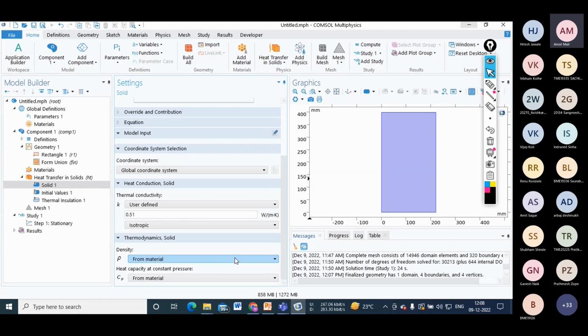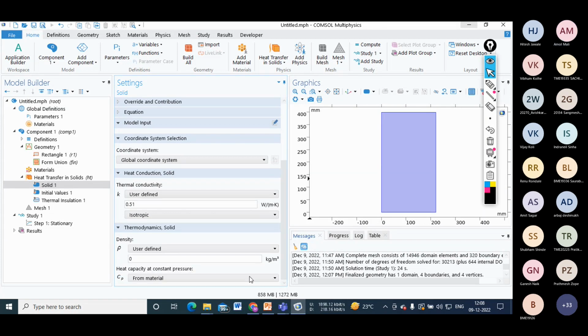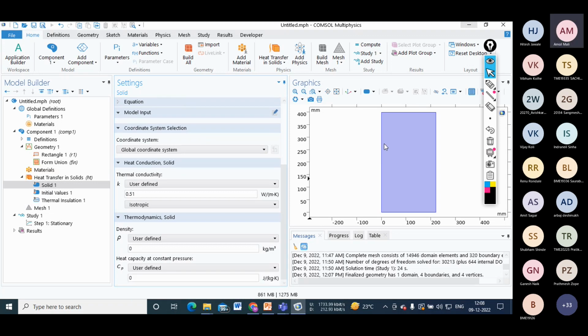Density, how much will be the density for 2D, can anyone? 0, user defined 0. यदि आप 3D ड्रॉ करेंगे तो वो एरर दिखाएगा. 3D में आप डेंसिटी 0 नहीं दे सकते हो, क्योंकि 3D has volume, and density का फॉर्मूला हमें पता है, rho is equal to mass upon volume. तो यहाँ we have given the material property और यहाँ का क्रॉस निकल चुका है, देखो अभी.